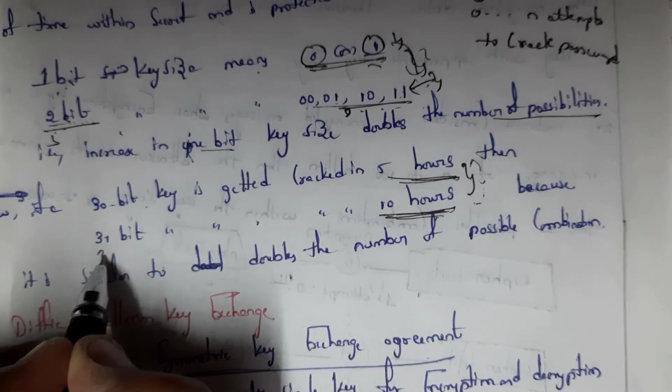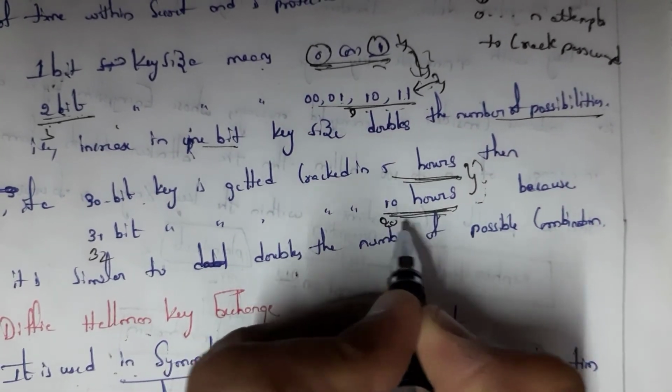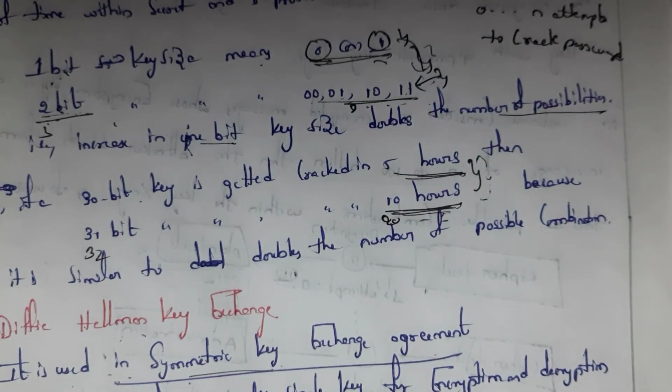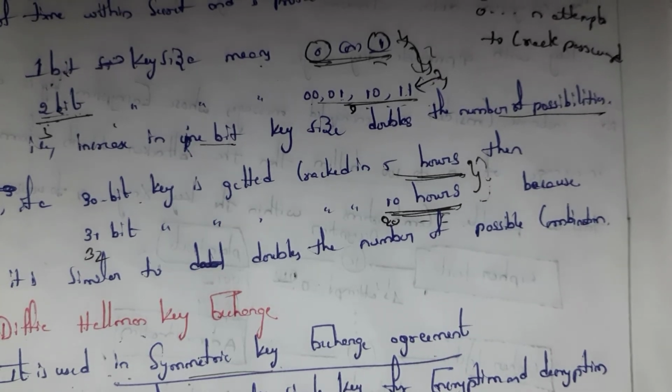For 32 bit, the time taken is double of 10, that is 20 hours. So we always need to select a high key range in order to protect our password. If we keep a high key range, a hacker cannot hack our password. So this is known as key range and key size.